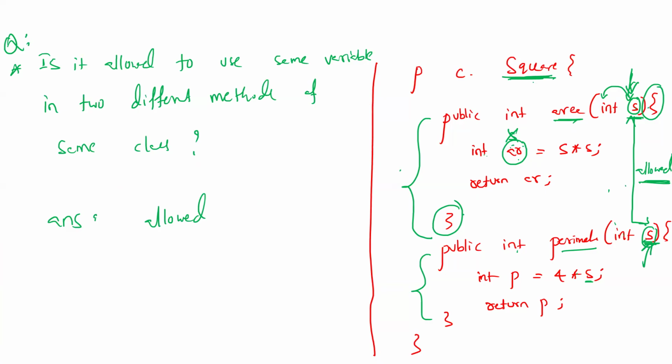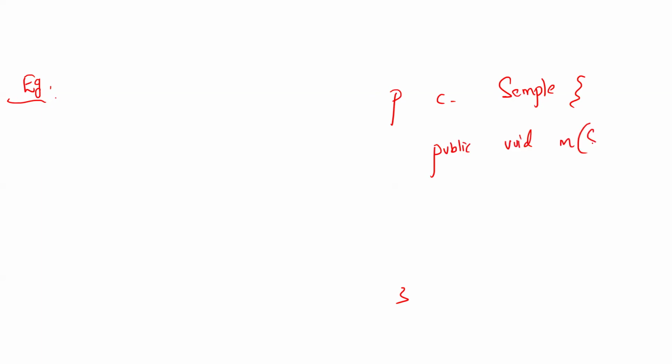Then followed by, let me take one more example. In this example, if I take one class, say sample, then inside this sample class, I am taking public void some method name, which takes some string s, then the method body.